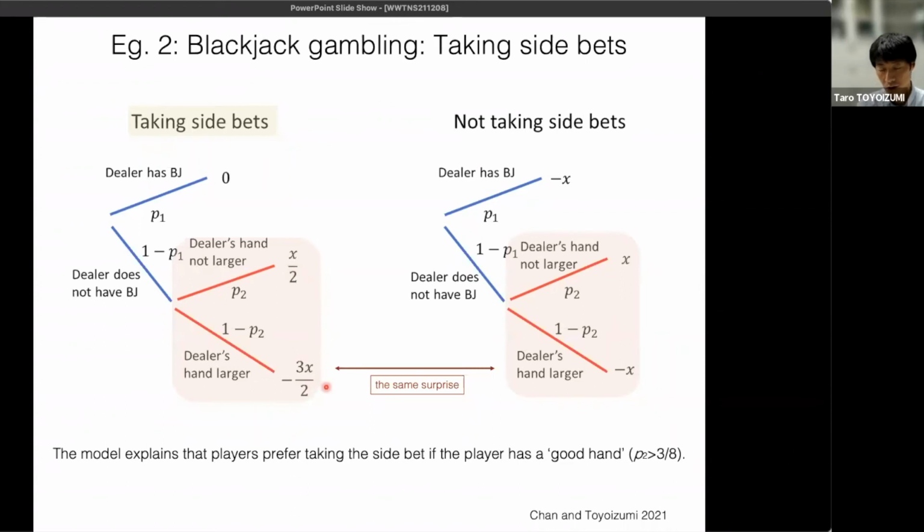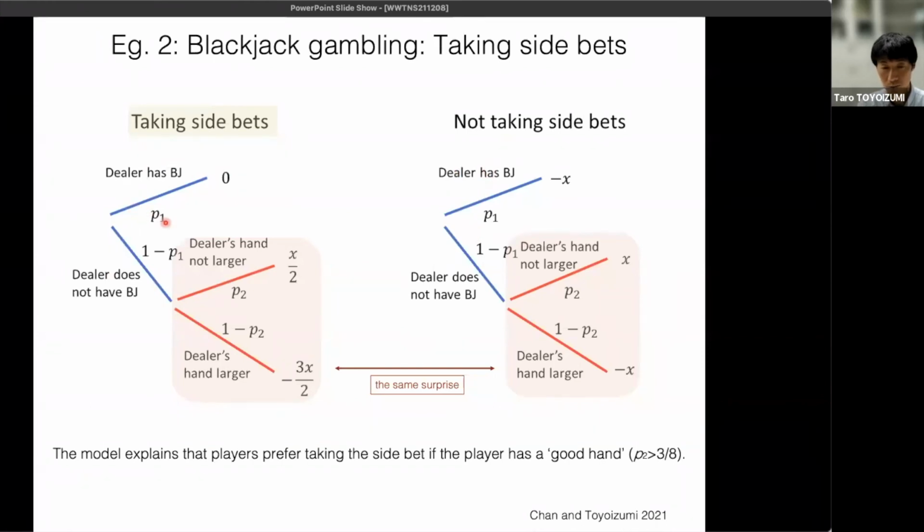But the theoretical prediction of the model is that the surprise function is invariant to the constant subtraction, because the surprise is relative to the baseline. So these red branches are basically the same between two options. So the decision is just based on the first stage.